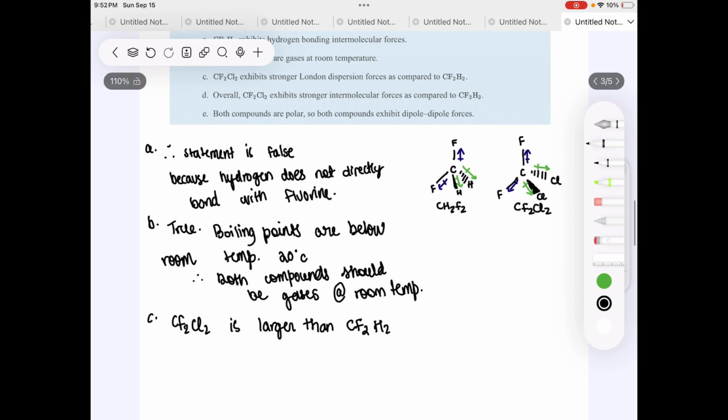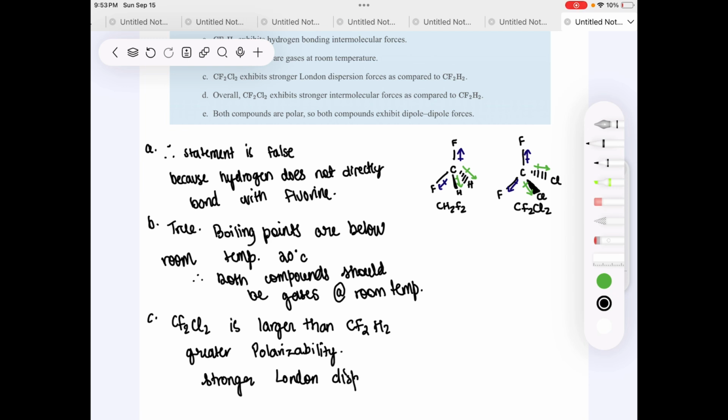This means it has greater polarizability, which leads to stronger London dispersion forces.